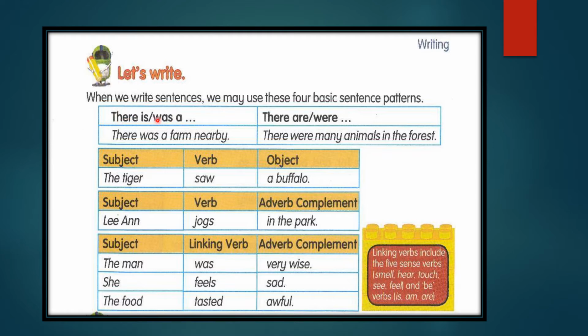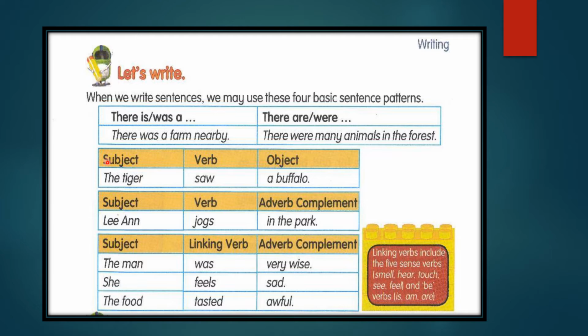This is in past tense. There is and there was are for singular, and there are and there were for plurals. So, there were many animals. This is a plural subject. This is the first sentence pattern.